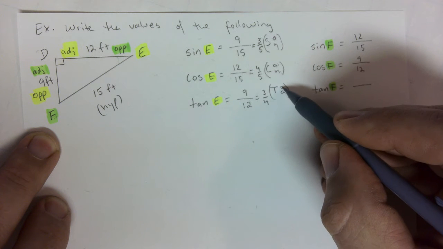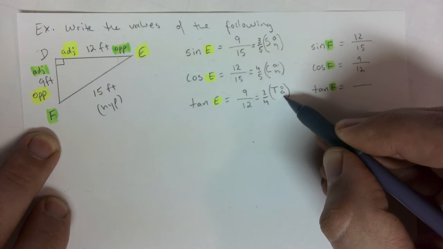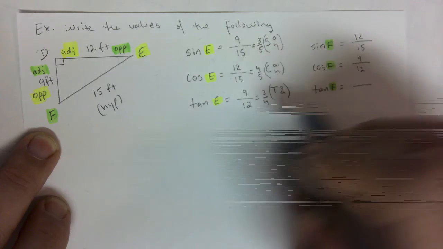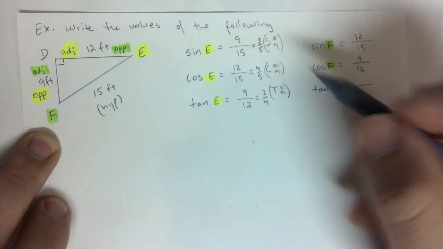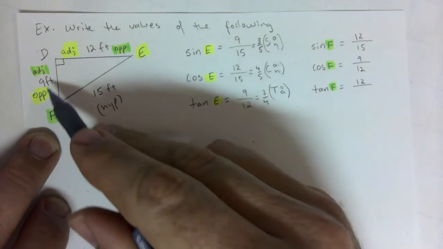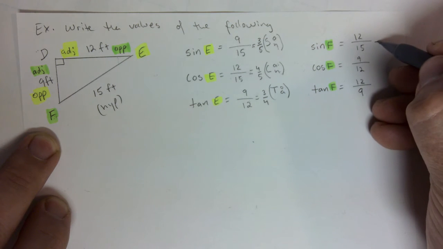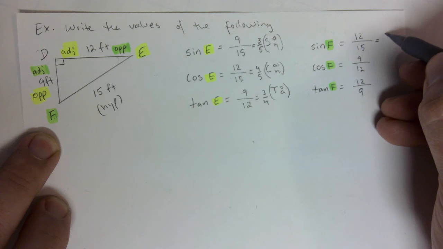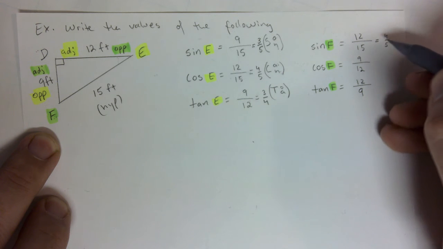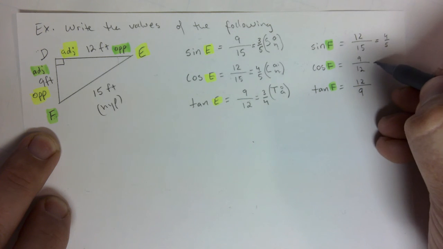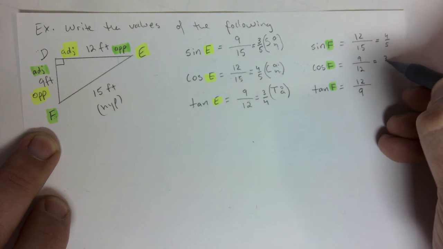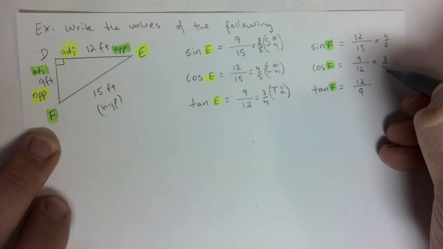Tangent of F is opposite over adjacent, so this is based on F. So opposite is 12, adjacent is 9. Let's reduce them. 3 goes in there 4 times, 3 goes in there 5 times. 3 goes in there 3 times, it goes in there 4 times.